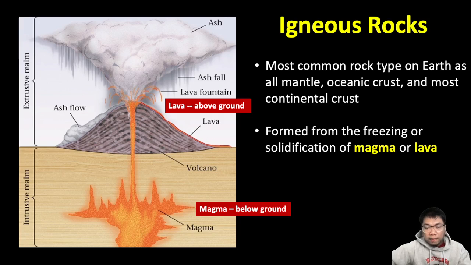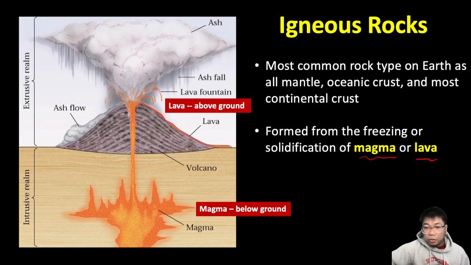The reason for that is because the formation of igneous rocks involves the freezing or solidification of magma and lava. This is something that we already learned from the last module, but I would like to remind you about the main difference between these two terms.